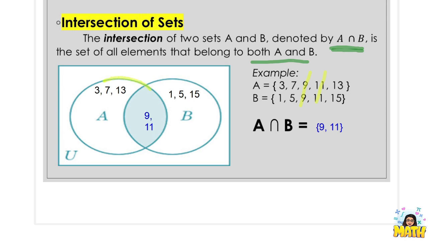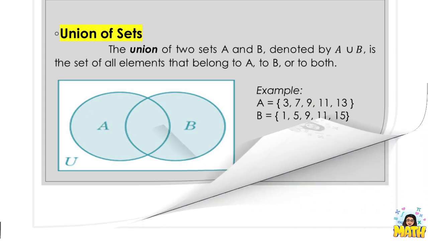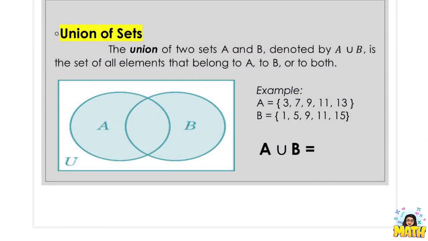Set A has the elements 3, 7, 9, 11, and 13, and set B still has the elements 1, 5, 15, 9, and 11.